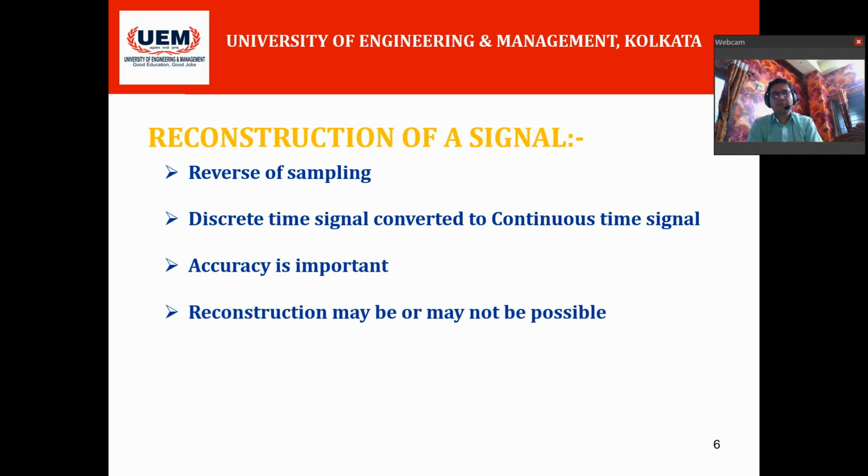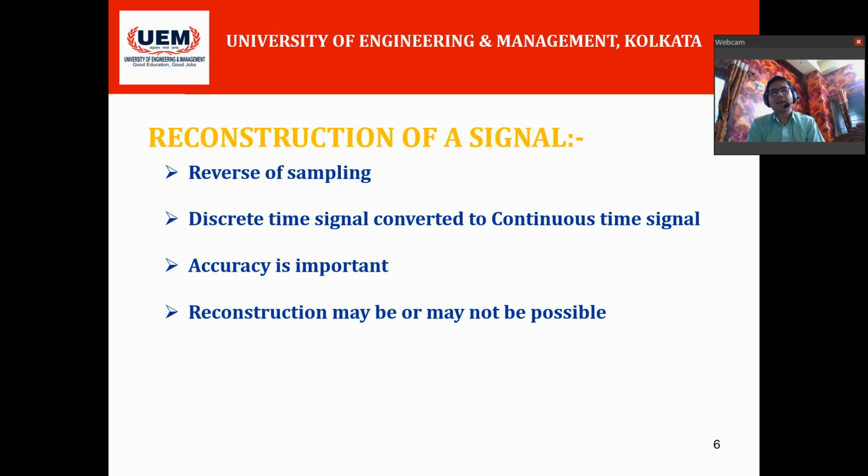And yes, the fourth point, reconstruction may or may not be possible. Now, if the number of samples of the signal is not large enough, for example, if I have a periodic signal with a time period of about 10 seconds, and in 10 seconds I have only 2 samples, then I may lose important information which I might get from that signal.